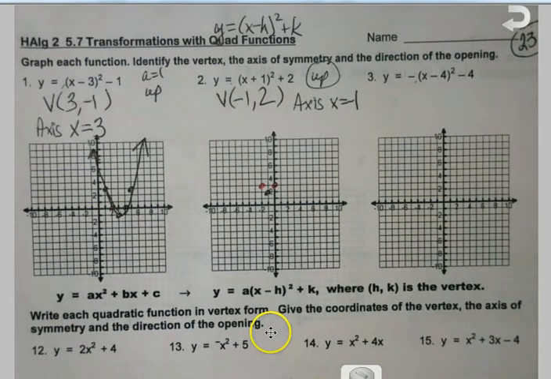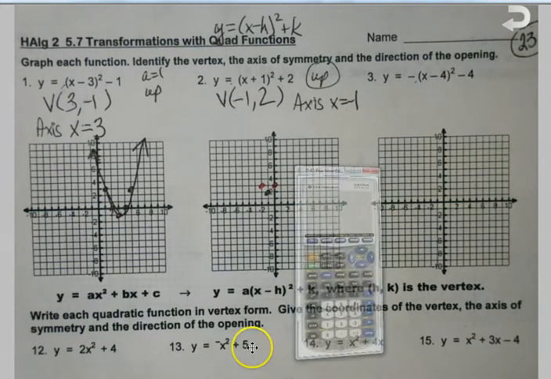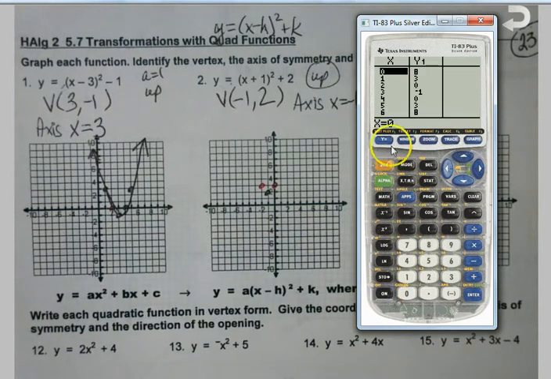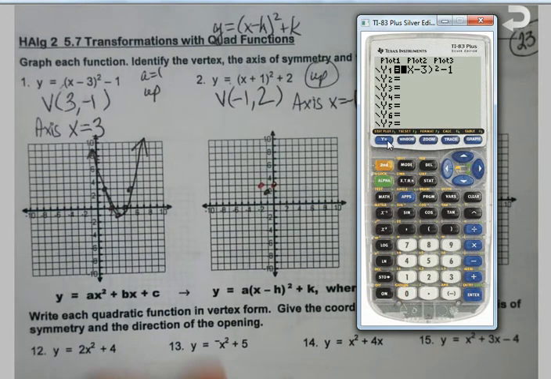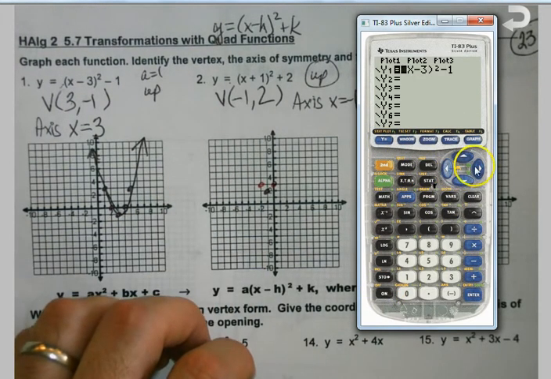Is that going to be the most accurate? No, it's not better than doing 5 points. But if you're looking for an initial set of points to make things go a little bit quicker for you, that's an option.